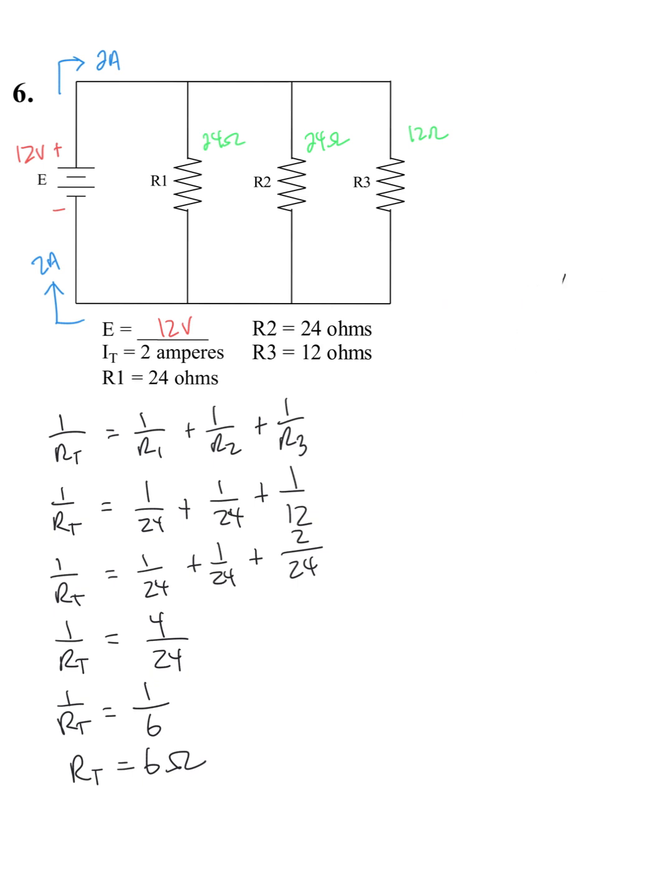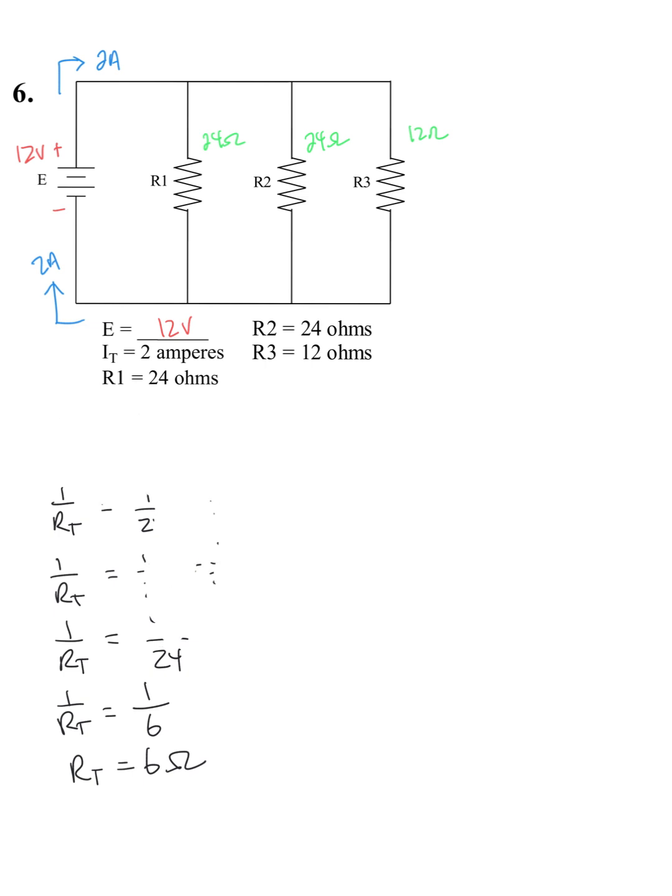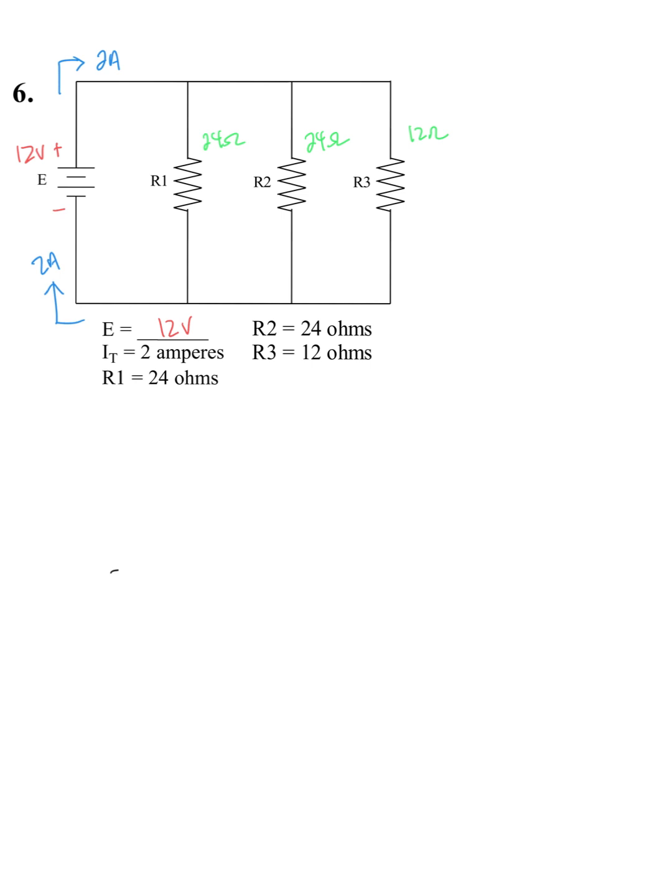Let's take a look at these branches and see what's going on. I like to do this because it acts as a double check to make sure that my solution indeed is going to work. So for this problem, we are going to use that current is equal to voltage divided by resistance.